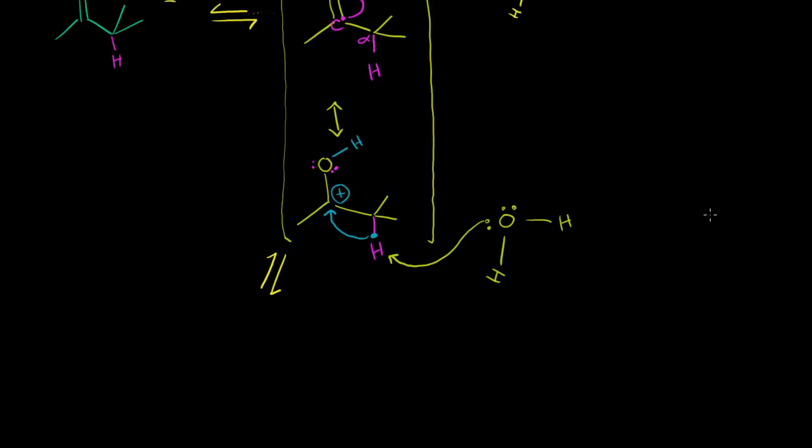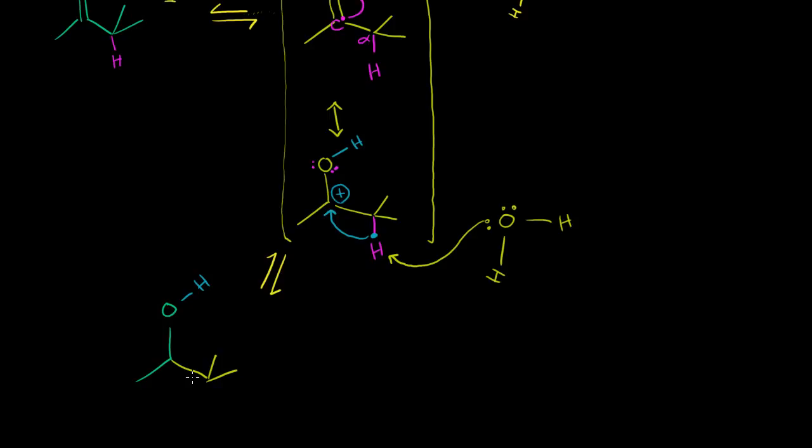But if that were to happen, then what started off as our ketone now looks like this. We have a bond to an OH group, just like this. And over here, actually, let me draw the rest of it. We had our molecule that looked like that. But now this electron gets given back to this carbocation. We now have a double bond here between our carbonyl carbon, or what was a carbonyl carbon, and our alpha carbon.